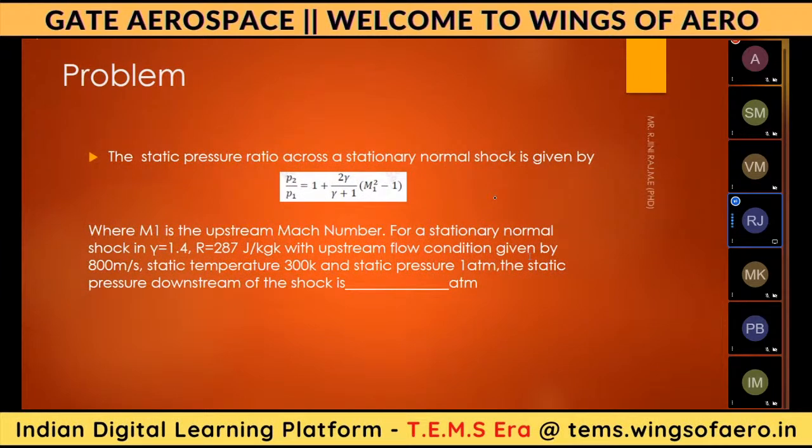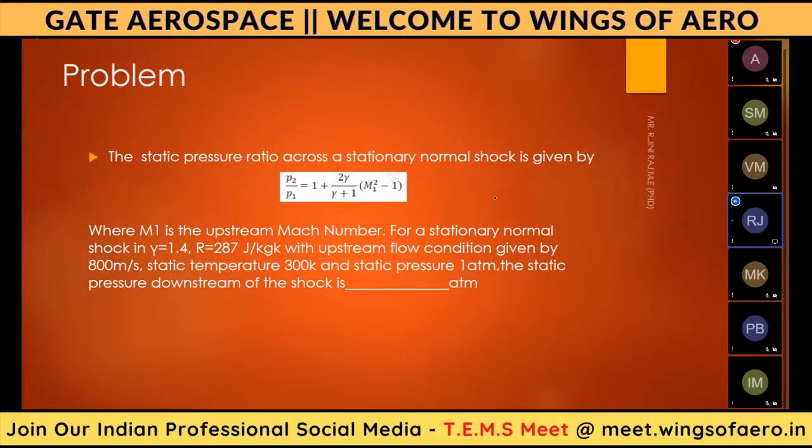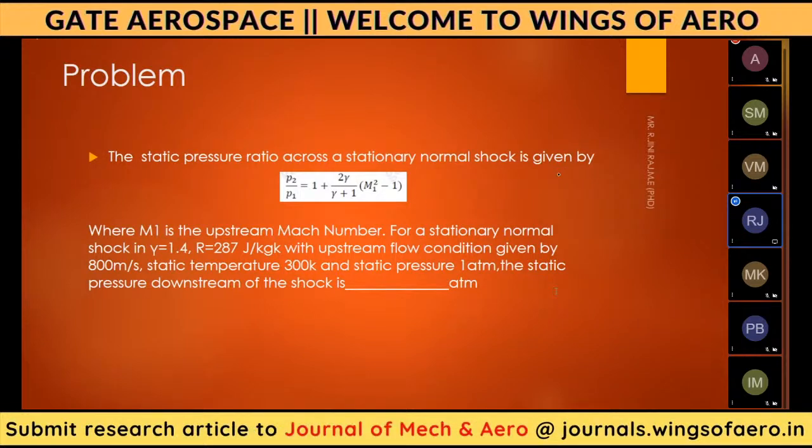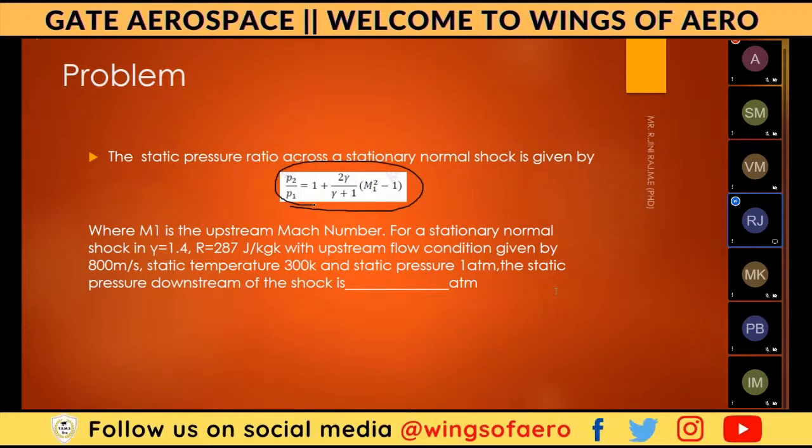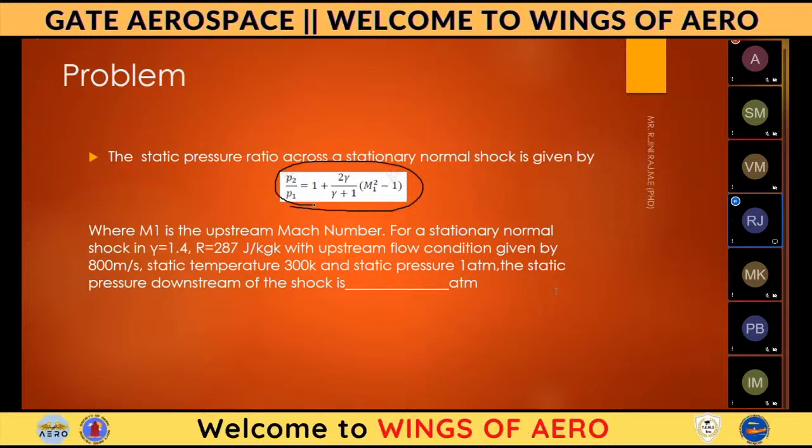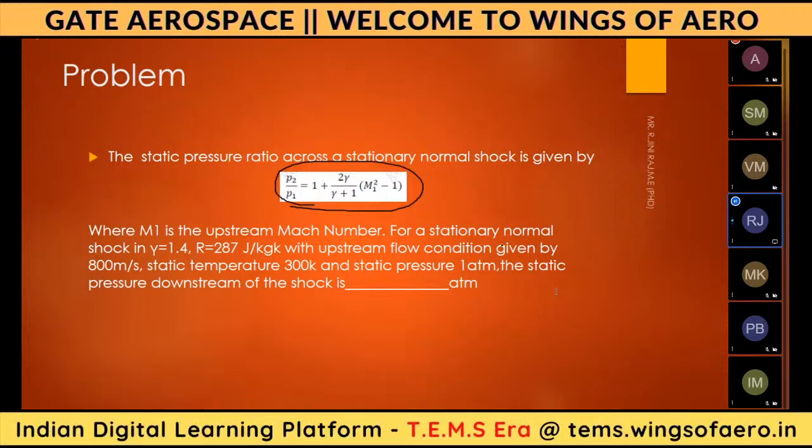So next problem. The static pressure ratio across a normal shock wave: P2 by P1 equals 1 plus 2 gamma divided by (gamma plus 1) times (M1 squared minus 1), where M1 is the upstream Mach number.